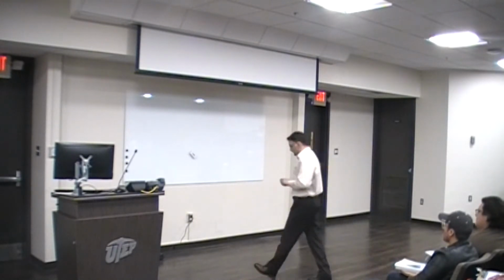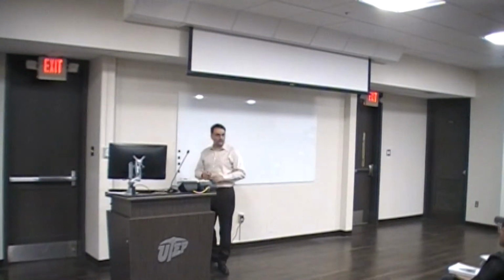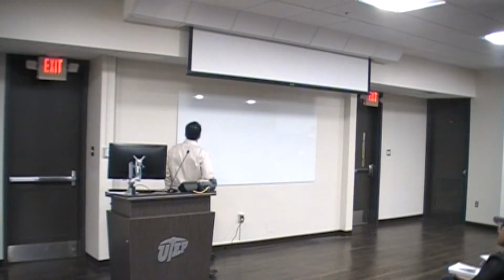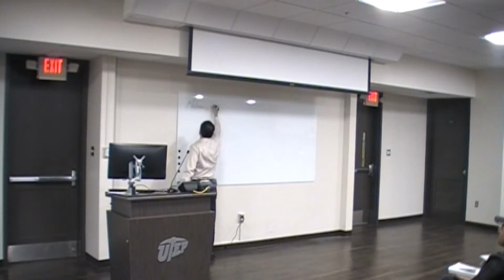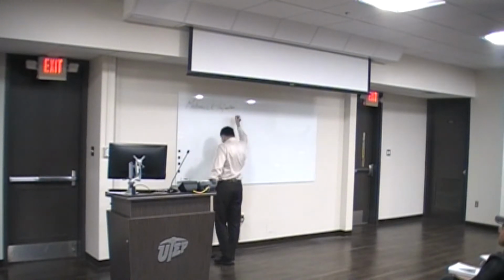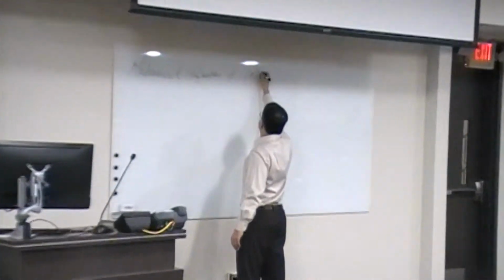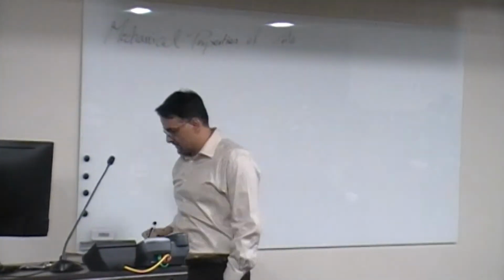All right, so in terms of the mechanical properties, let me just quickly outline that here for you. I hope I can write it big enough so Rafa from the back can also see that. Mechanical properties of soil.